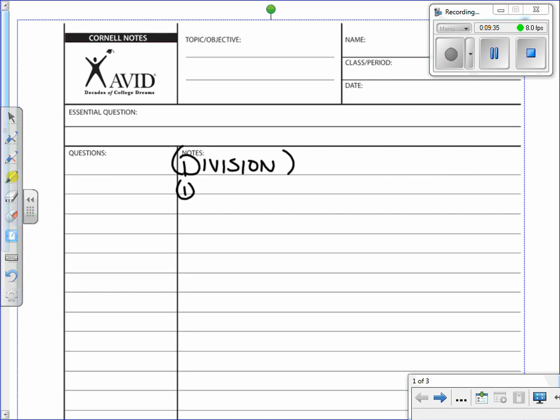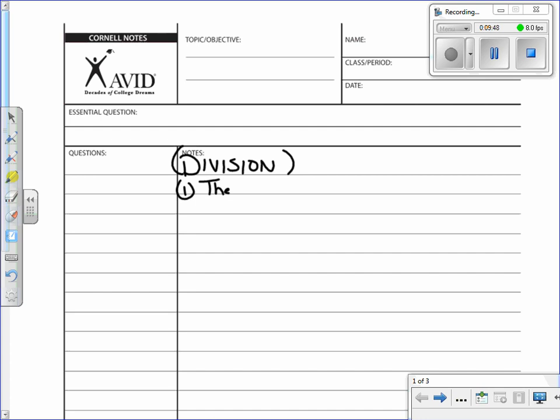Number 1, the quotient of a number and negative 3. That translates to x divided by -3. And remember, we like to write division with fractions.